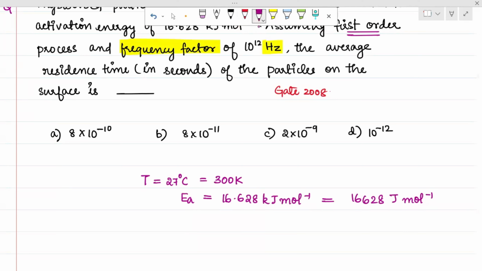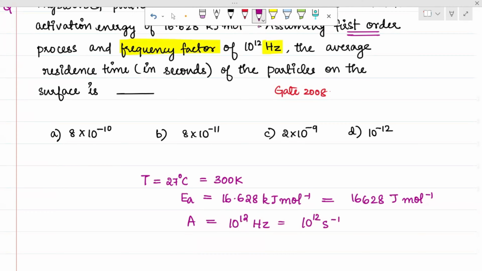Okay, so frequency factor actually means A. And it is also notated in hertz. Hertz means per second. Okay, so A is 10 to the power 12 hertz, which is equal to 10 to the power 12 per second.